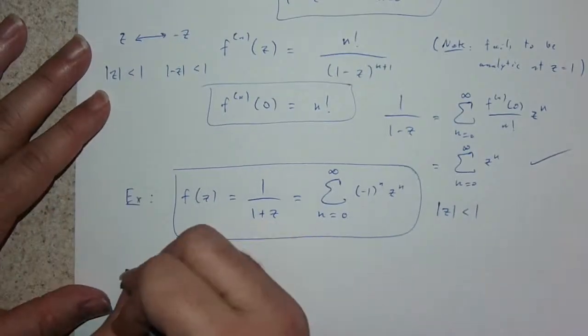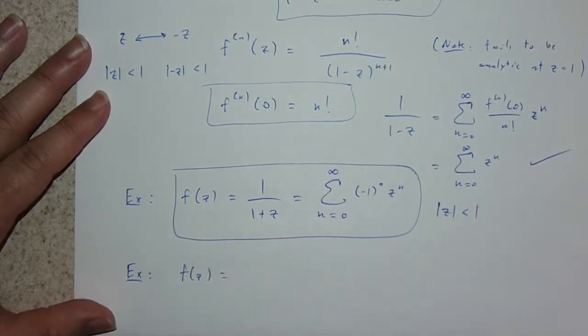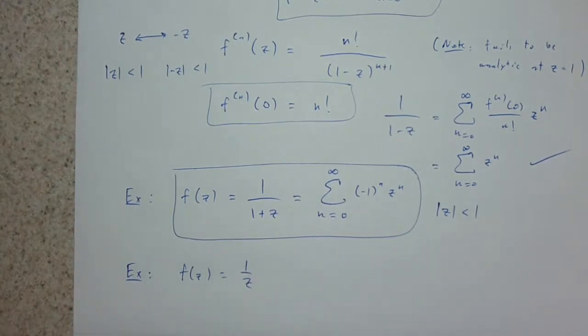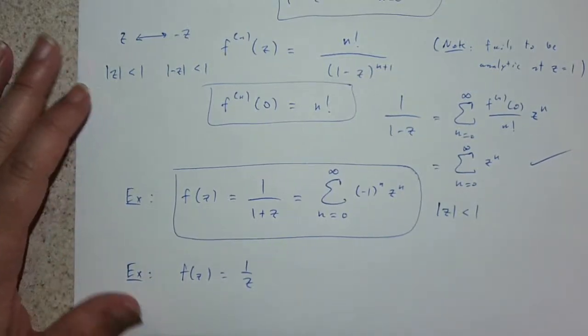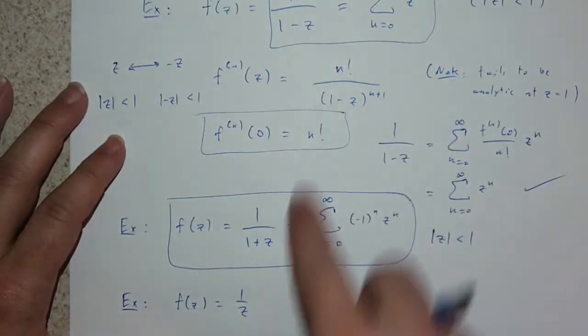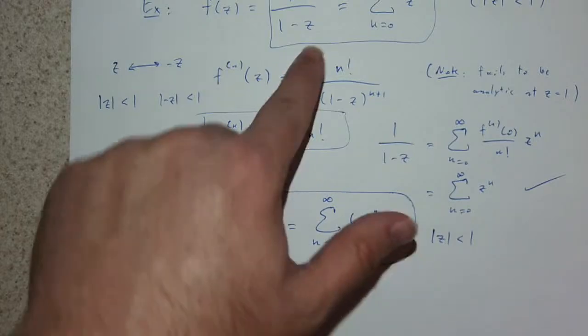Similarly, what if the function in question is 1 over z? So now the swapping I'm doing for this original thing is I want to replace z by 1 minus z.